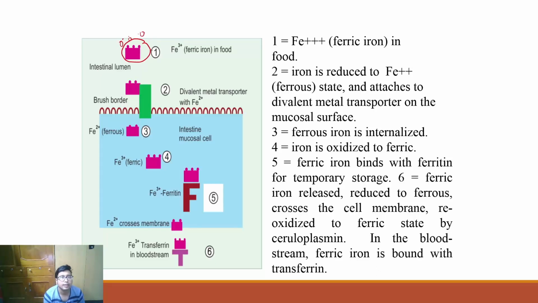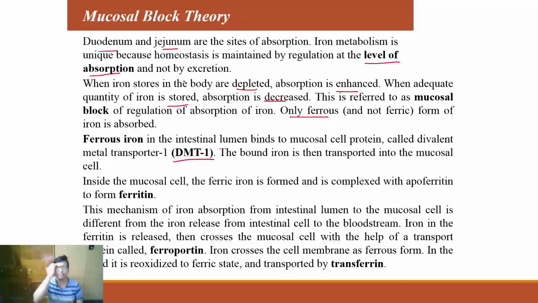Ferric iron is reduced to ferrous iron, and this ferrous iron binds with DMT1, which is present on the mucosal surface, and then it is absorbed into the mucosa. Actually 3 steps. First step, ferric to ferrous. The next step, it binds to DMT1, and the next step, ferrous with the help of DMT1 is transported into the cell.